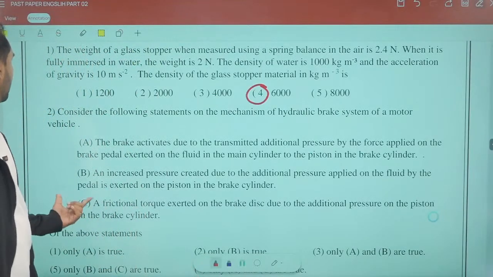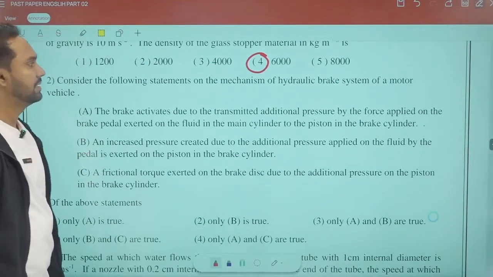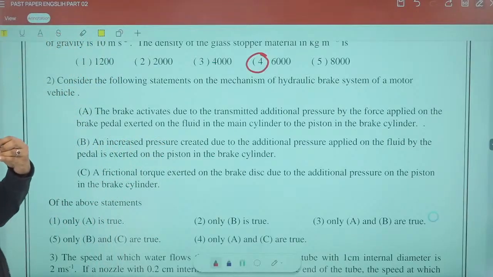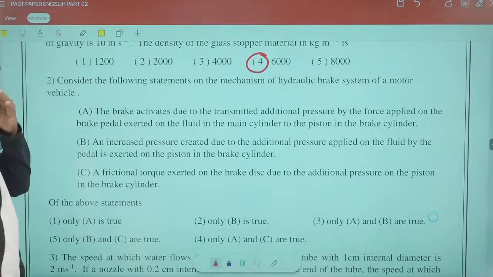Second one, consider the following statements on the mechanism of the hydraulic brake system of a motor vehicle.